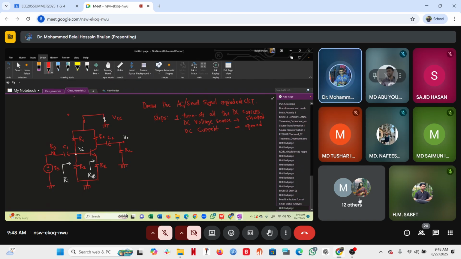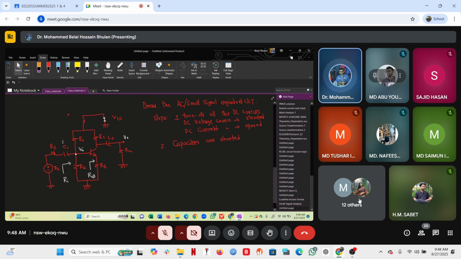Step 2. We already learned that small signal equivalent circuit means the amplifier is only for small signal. And we know that for high frequency, the capacitors are shorted.